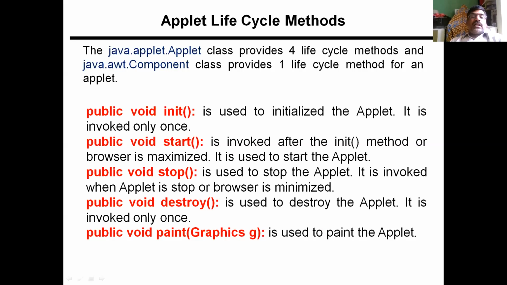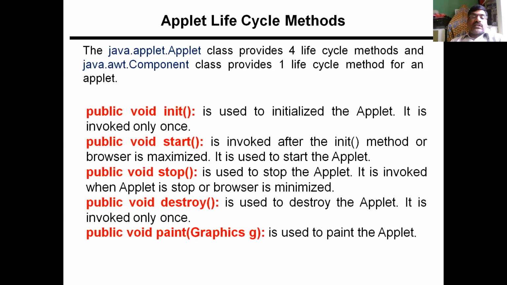Now coming to the signature and the purpose of these lifecycle methods. The first method is public void init, which is used to initialize the applet and is executed only once. The second, public void start, is invoked after the init method and is used to start the execution of the applet. The third, public void stop, is used to stop the applet and is invoked when the applet is stopped or the browser is minimized.